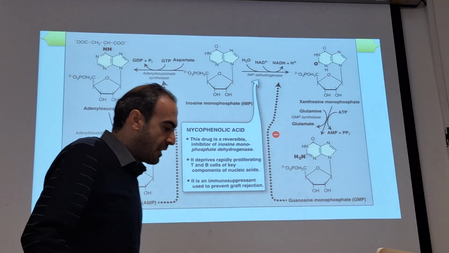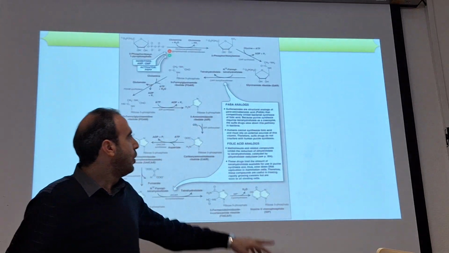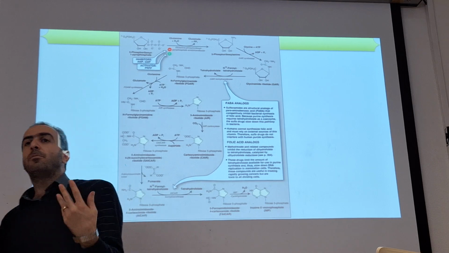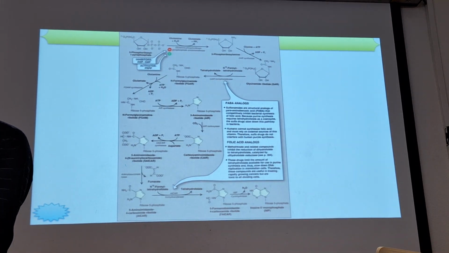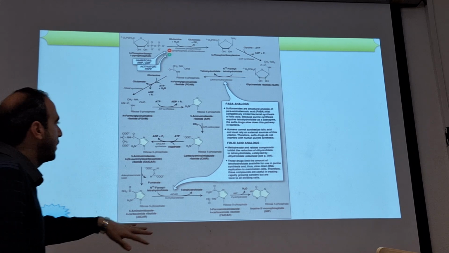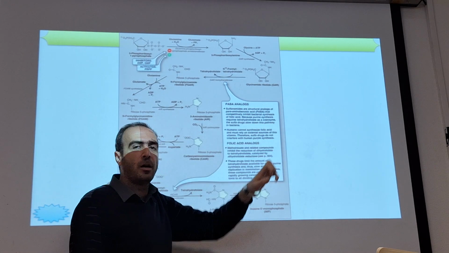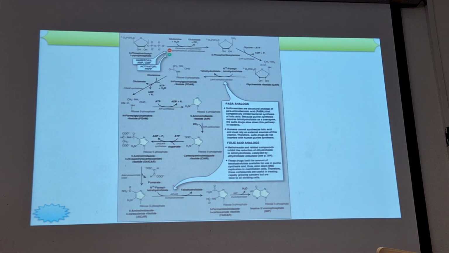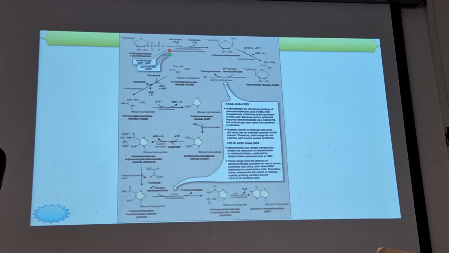But as was mentioned, here we have some PABA analogs, where PABA is somehow similar to folic acid. In bacteria, we have some classes of antibiotics known as sulfonamides. Sulfonamides are similar to PABA. PABA is important for folic acid. When we use sulfonamide instead of PABA, sulfonamide does not allow folic acid to be created.